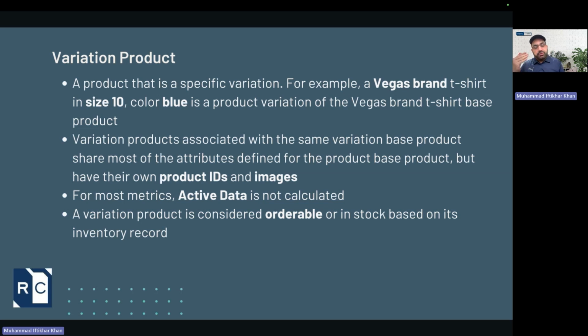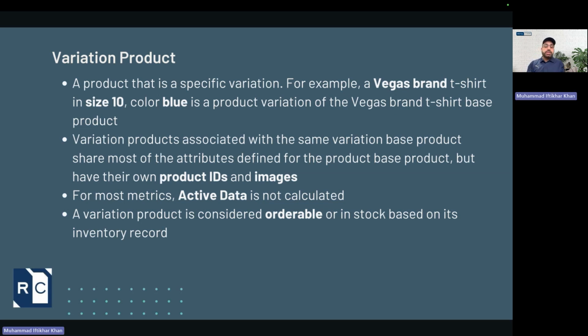So the variation product will share most of the attributes from its template, meaning the base product, but the product IDs and the images will be different. The active data is not calculated for the variations, because the active data values are calculated at the base product level as an average of all the variations.